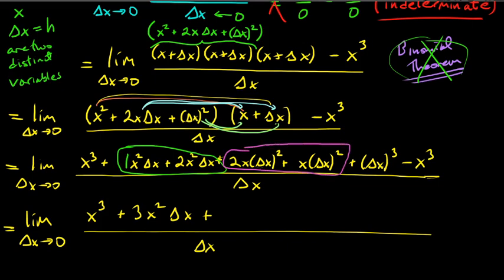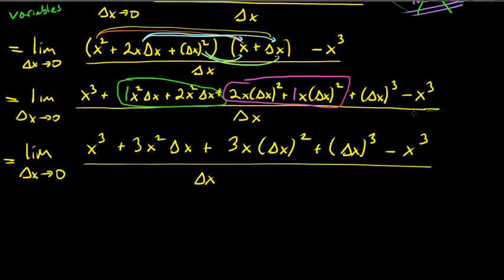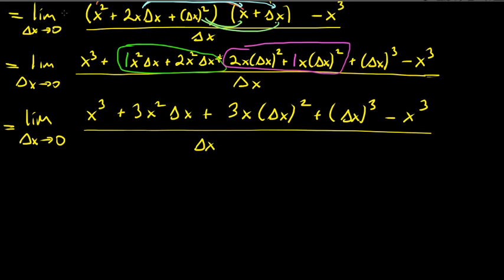We have 2x delta x squared plus 1x delta x squared. So that's going to give us 3x times delta x squared, plus another delta x cubed, and then minus x cubed. Right, so this is looking a lot better. Okay, but we're still not done yet.